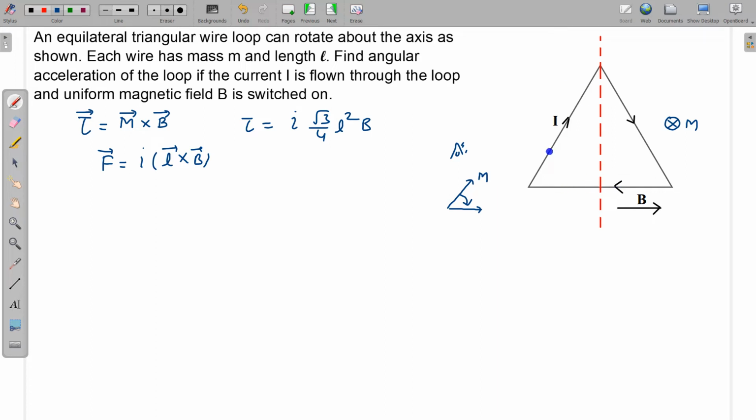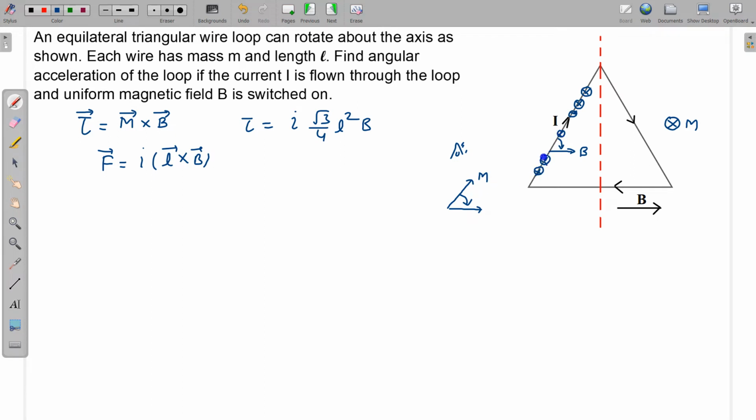For this wire, this is the B vector and this is the dL vector, so dL cross B will be inward, so the force will be inward. At every element the force is in the inward direction.